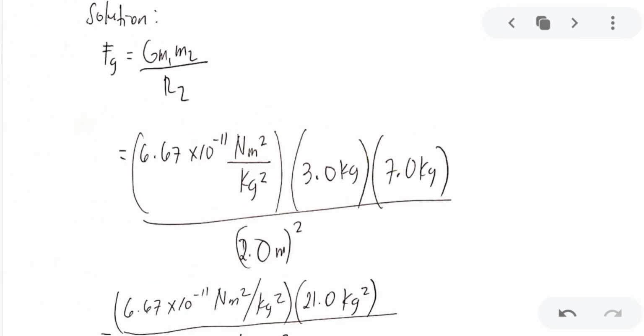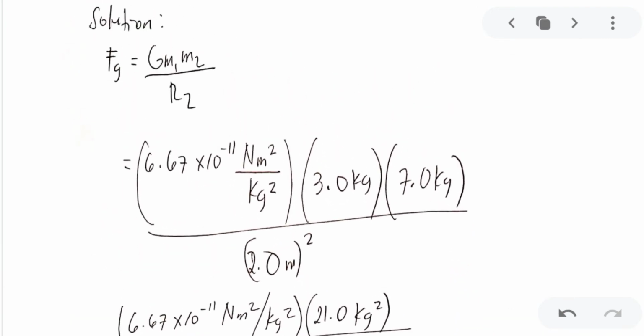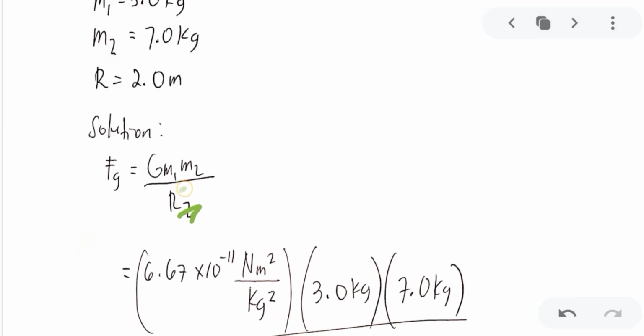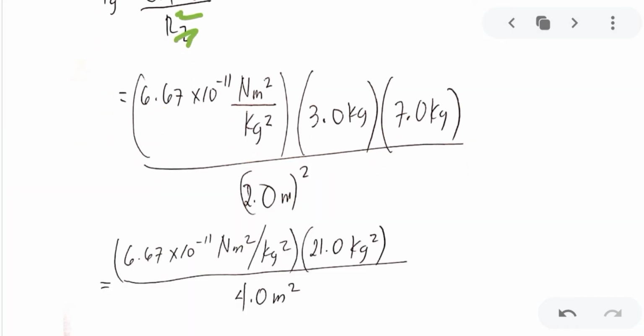So, substitution: the gravitational constant is 6.67 times 10 raised to negative 11 Newton meter squared over kilogram squared, mass 1 is 3.0 kg, mass 2 is 7.0 kg, and the distance or separation is 2.0 meters, then squared. Alright, next, you multiply this. 3 times 7 is 21.